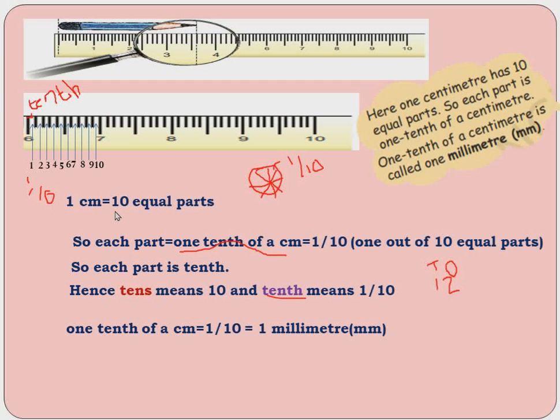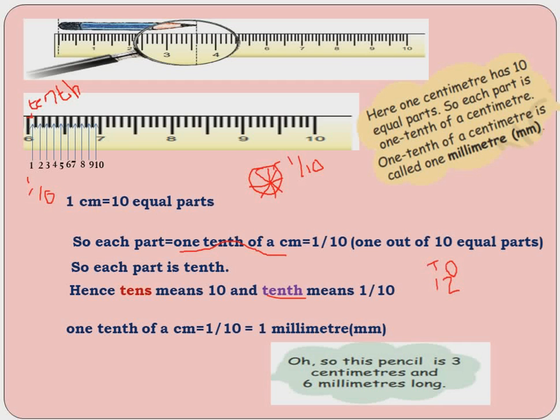Okay children, millimeter, in shortcut we say it as mm. So always remember, 1/10 of a centimeter is called 1 millimeter. Now, this pencil is 3 centimeters and 6 millimeters long, because see, this is 3 from here, then 1, 2, 3, 4, 5 and 6.